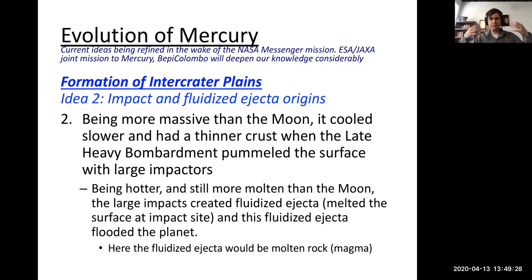What they do is they pretty much melt everything that it ejects. So it turns the crust back into lava and throws it about the planetary surface, causing sort of a flood activity volcanism again. We have fluidized ejecta made out of lava, which then cools, solidifies, and formed our intercrater plains.